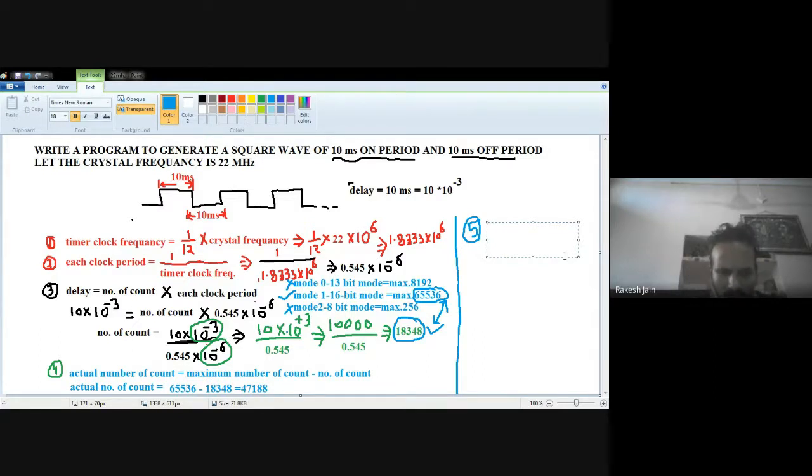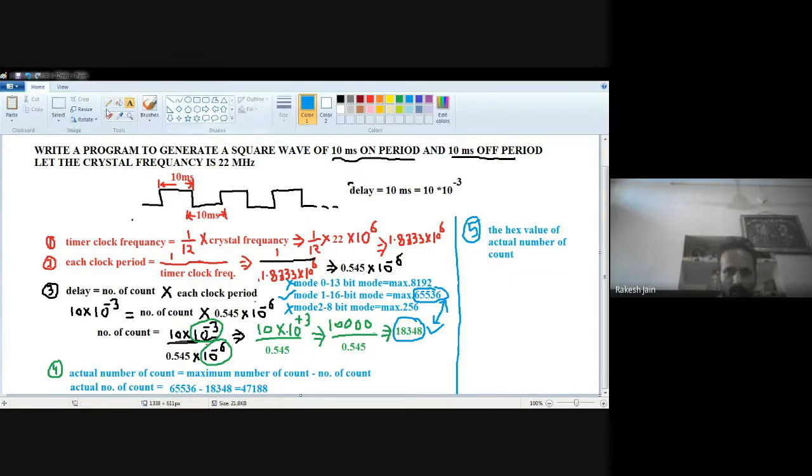So, the hex value of the actual number of count.